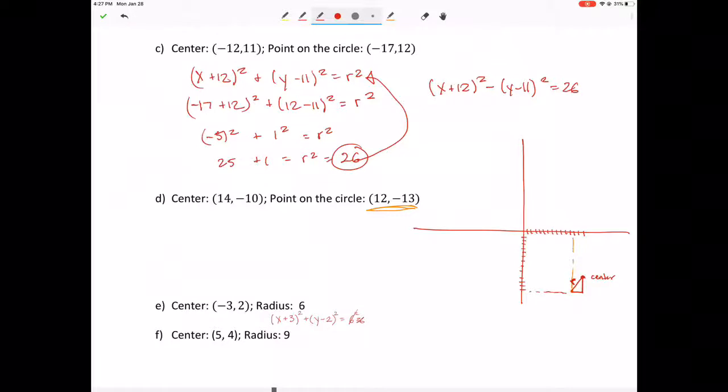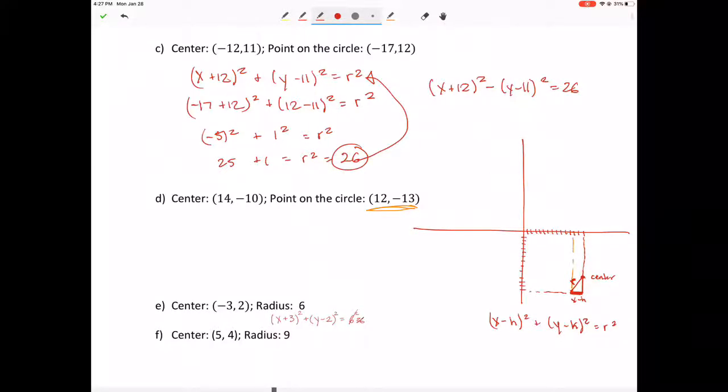And when we do our equation, we have x minus h squared plus y minus k squared equals the radius squared. Well, the difference between where this point is and where this line is, that is x minus h. So that is the base of that triangle, and the height of the triangle is y minus k.